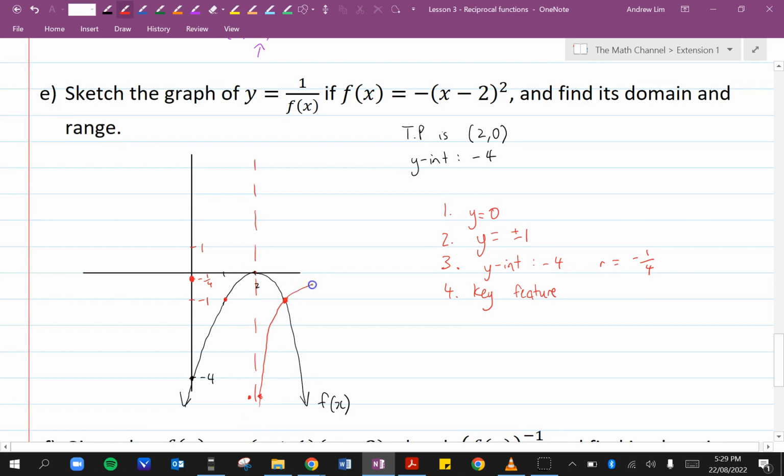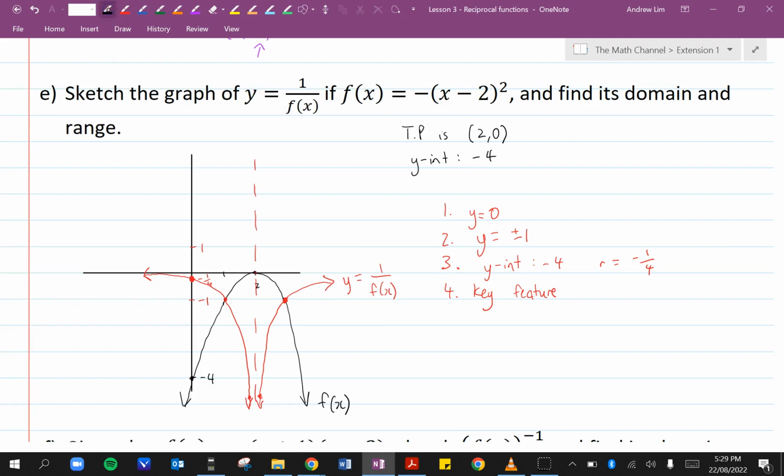Let's graph this. Remember, we're never crossing the x-axis. Let's try that again. And that's it. That's y equals 1 over f of x.